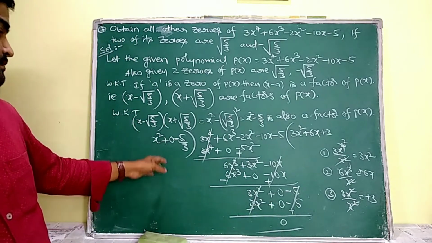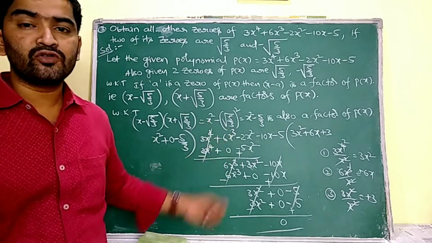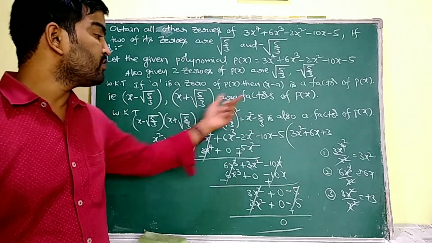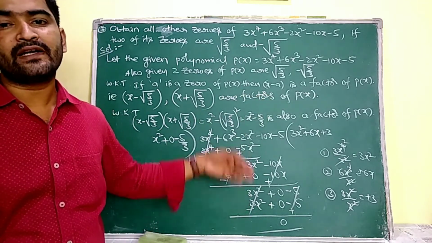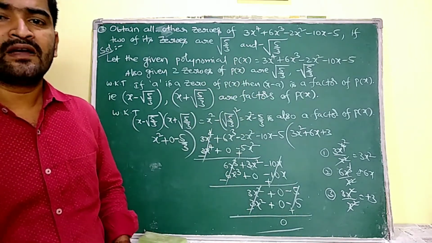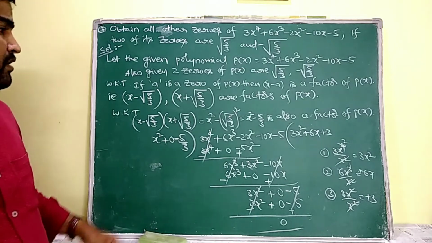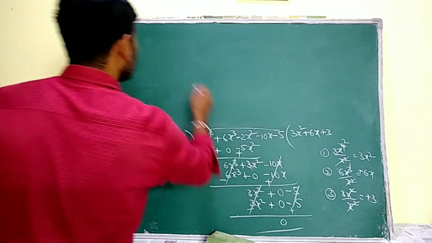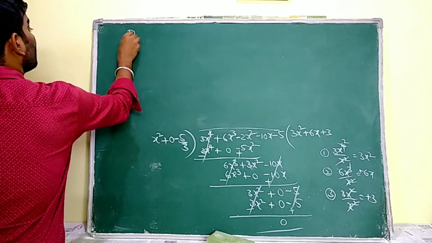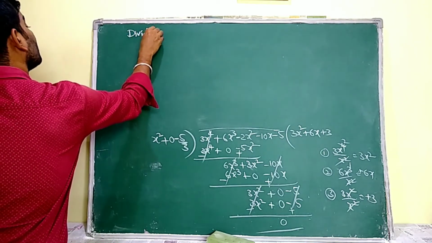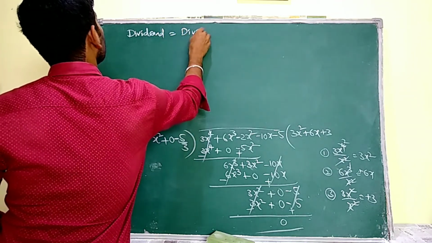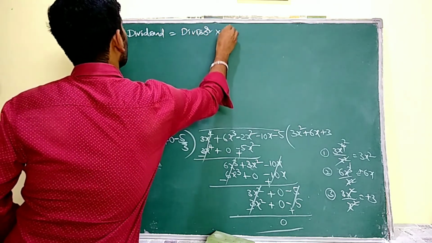Okay, now I have to use the division algorithm, that is, dividend is equal to divisor into quotient. Here I am not going to write plus remainder because it is 0. Therefore this dividend, this entire value, is p(x).